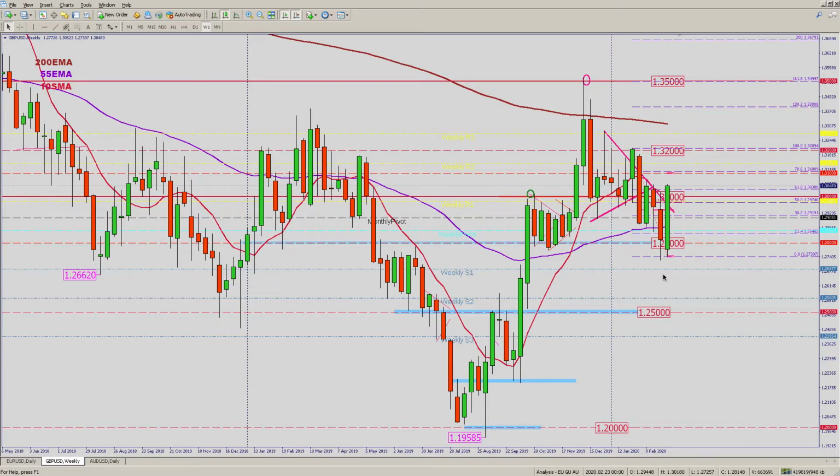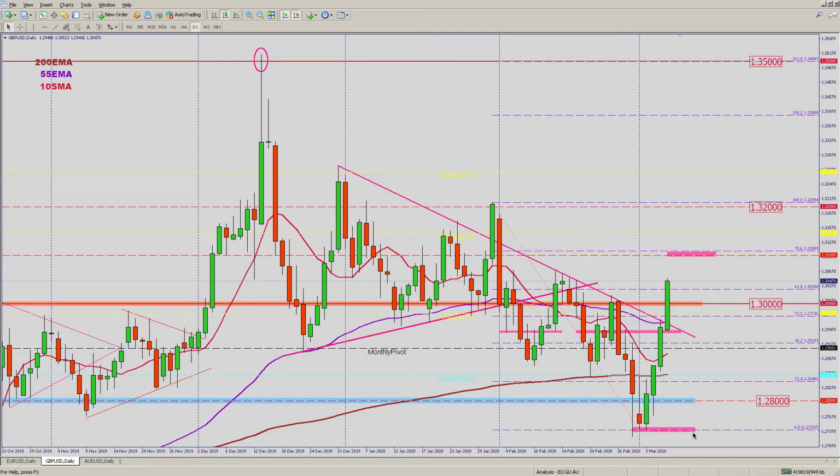So this is a strong recovery. This area is definitely going to be a strong support level.